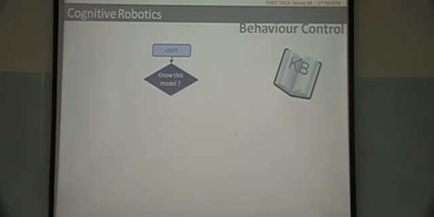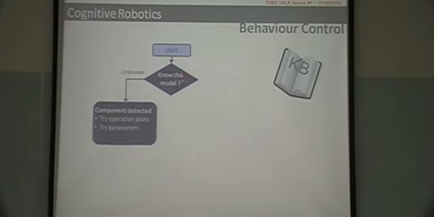Okay, coming to the behavior control of my robot. Firstly, start. This is trying to do what we do as human beings, right? If you look at the product, okay, do I know this product or not? Maybe not. Okay, go like this.